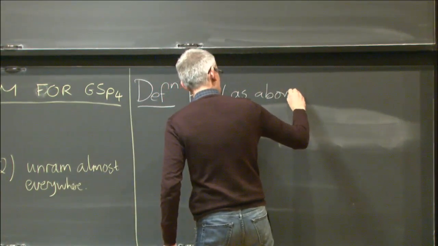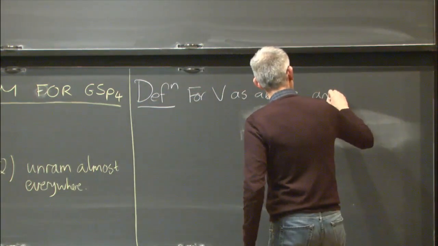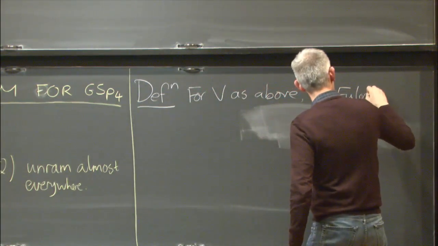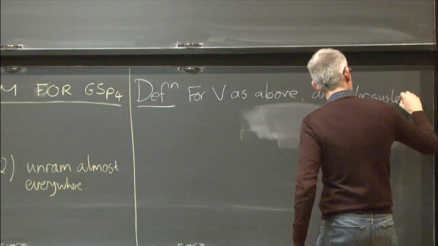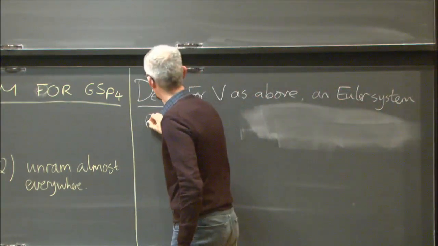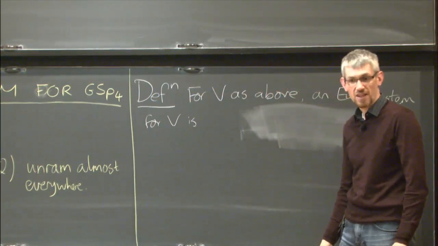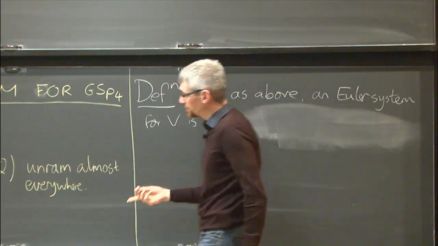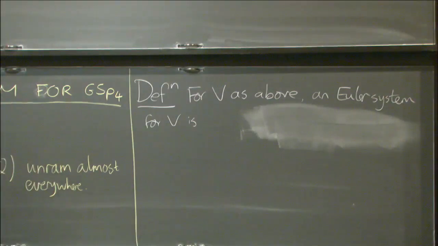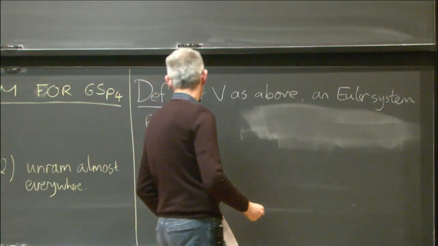So if V is as above, an Euler system for V is a collection of cohomology classes in H^1 of V, not just over Q, but over all abelian extensions of Q as well, or more or less equivalently, all cyclotomic fields.